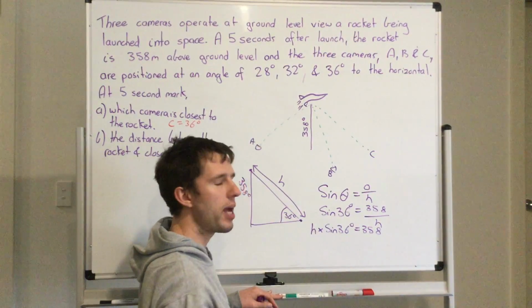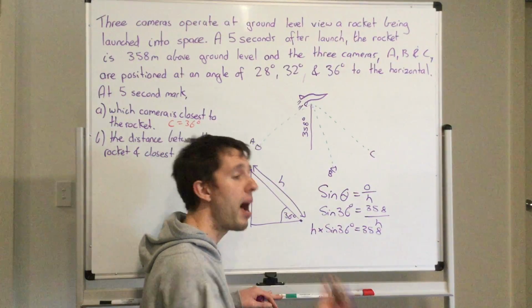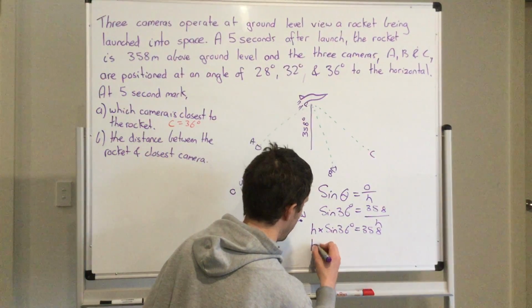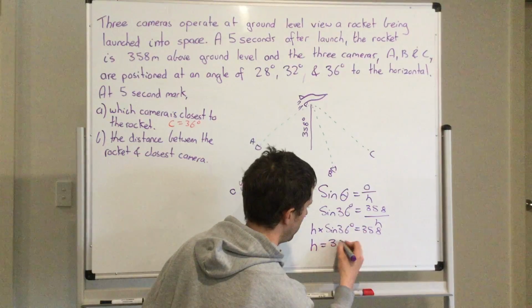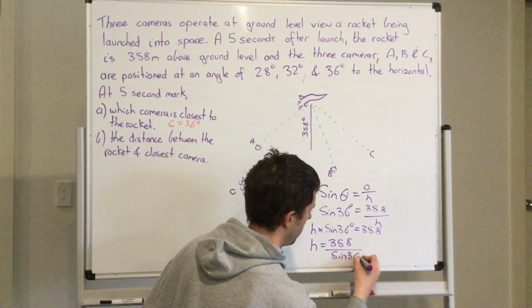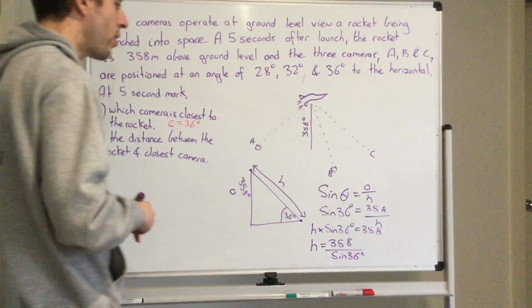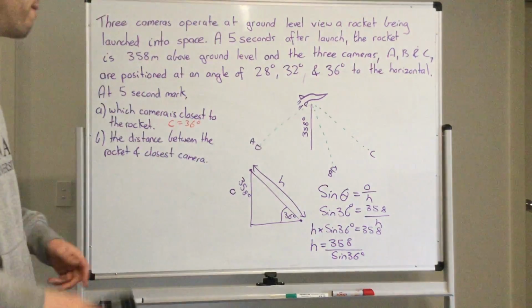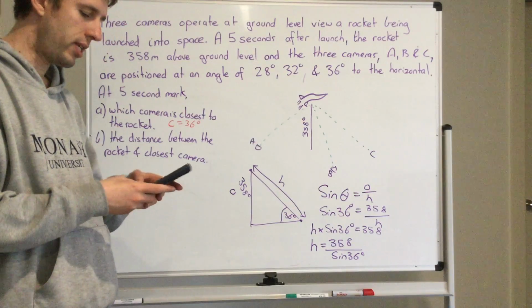If I'm multiplying by sine 36 and I divide by it, it cancels out. And that leaves me with 358 divided by sine 36.